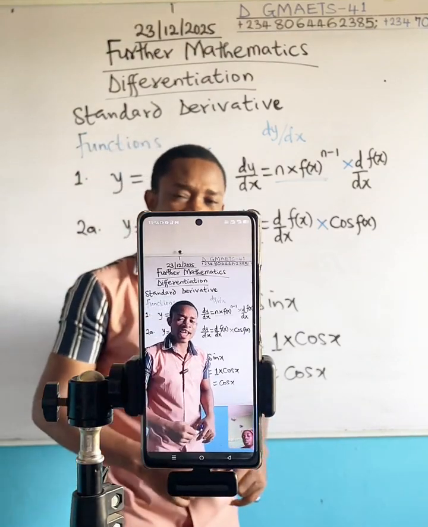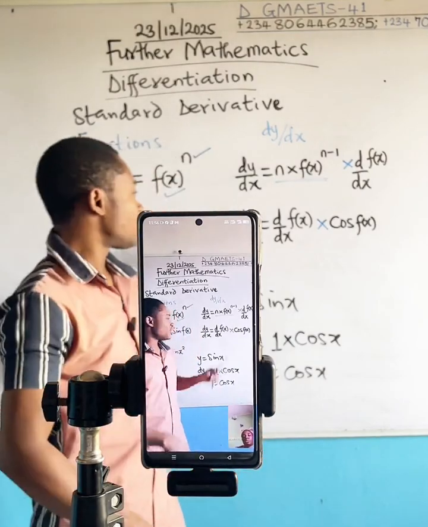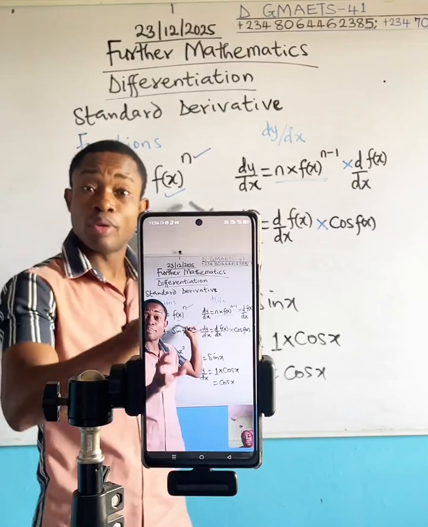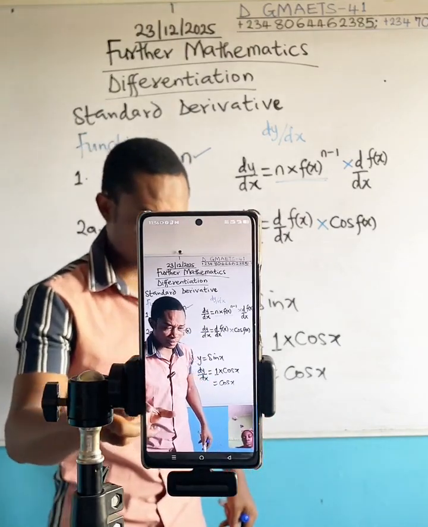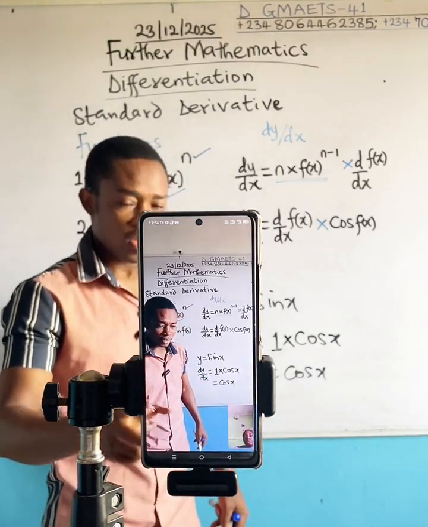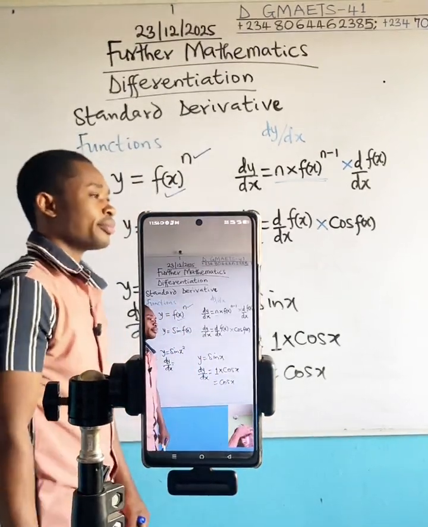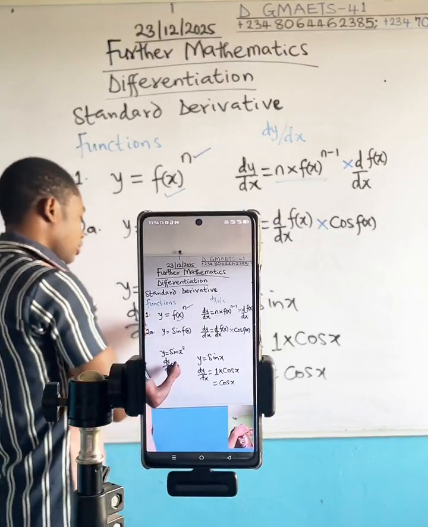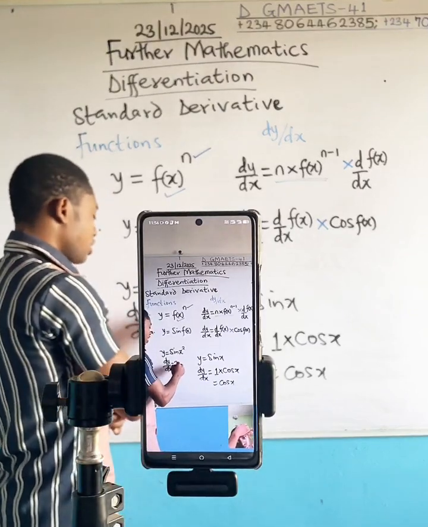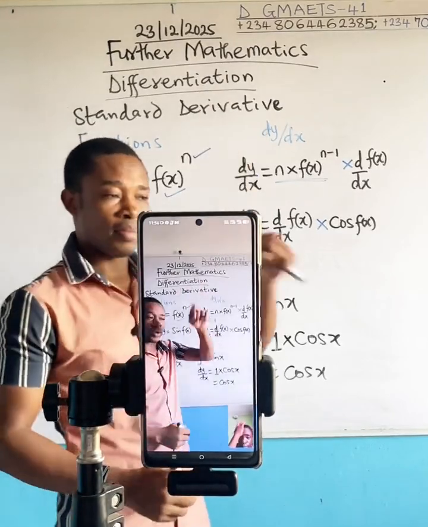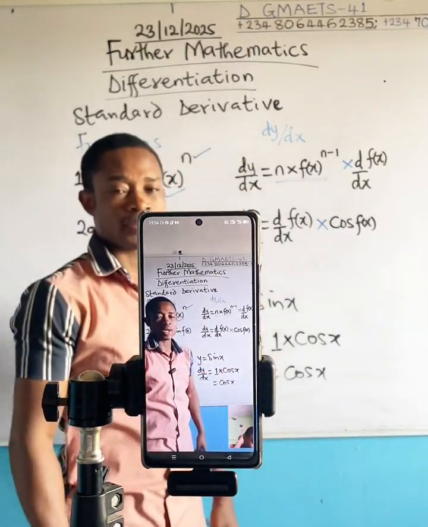If you differentiate x squared, remember that x squared is polynomial function related. Is that not so? Yes, sir. So if you differentiate x squared, what will you get, Kamdeli? You get 2x. You are very correct. 2x. Use the power, multiply the base, go to the power, subtract 1.